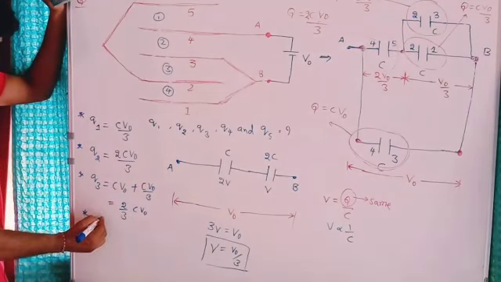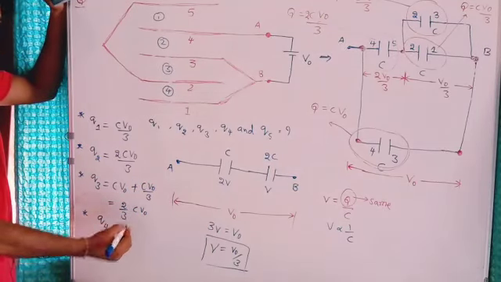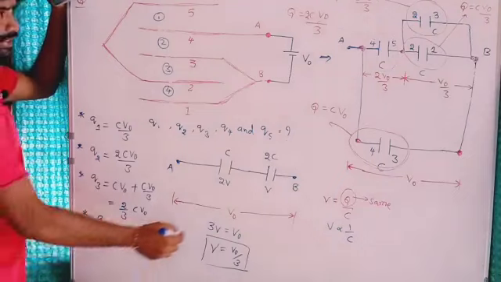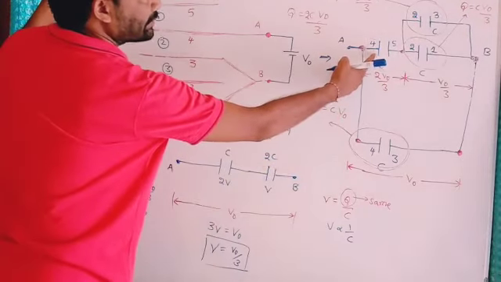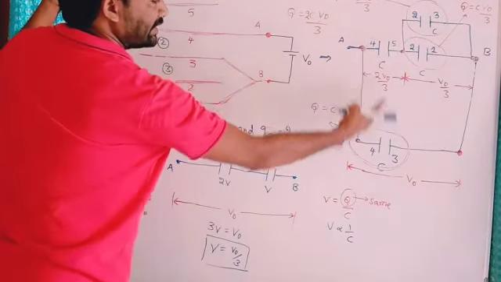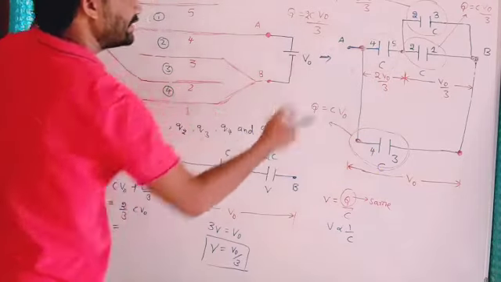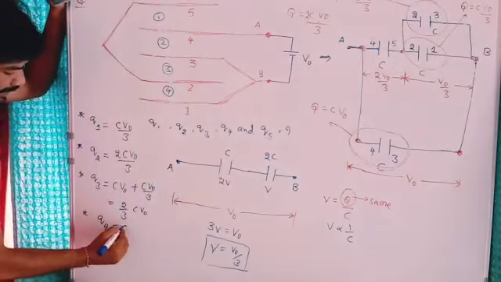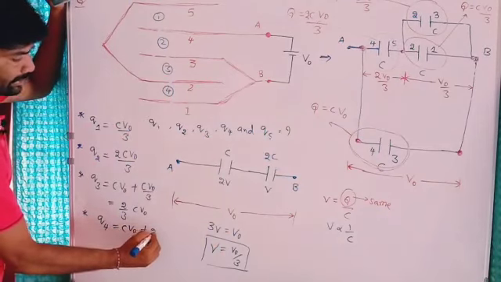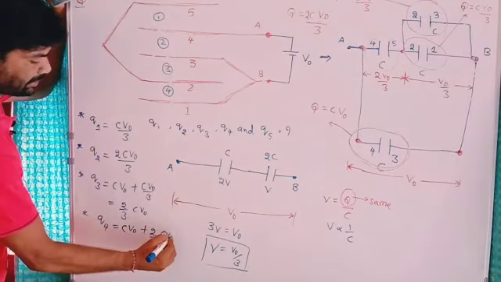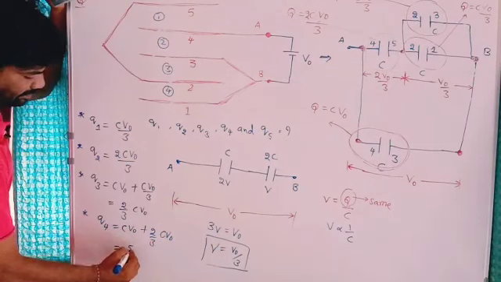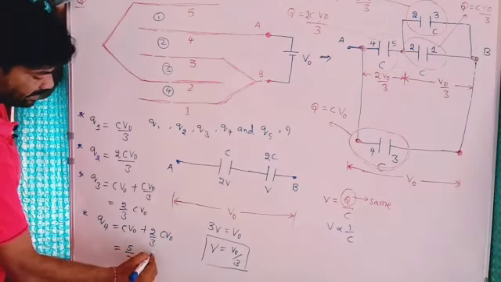Now the charge on the fourth plate. The fourth plate also contributes to two capacitors. The total charge is CV naught plus 2 by 3 CV naught, which gives 5 by 3 CV naught.